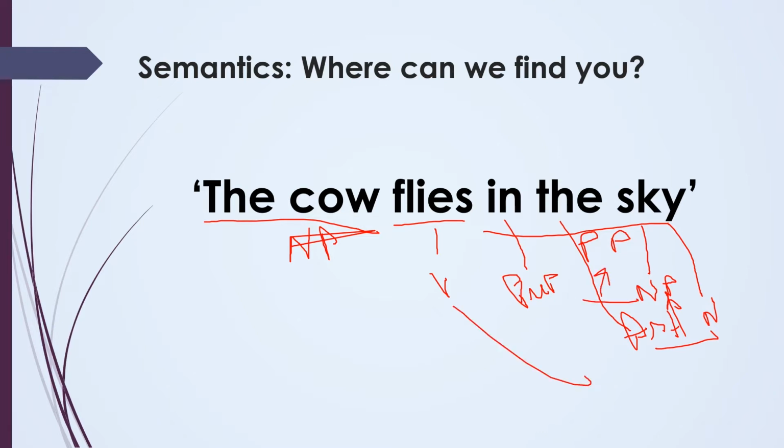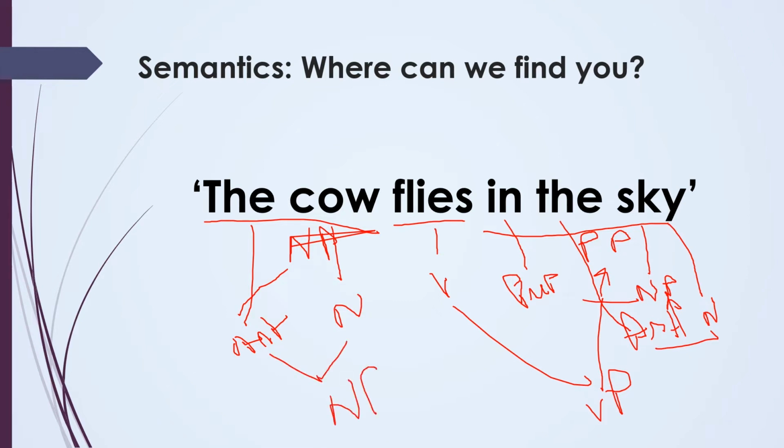Verb plus prepositional phrase consists of a verb phrase. Here we have the as an article, and cow as a noun, that consists of a noun phrase, and noun phrase and verb phrase consist a sentence.